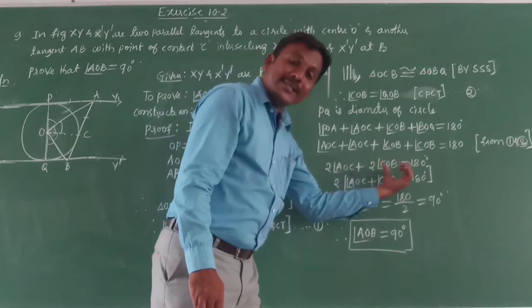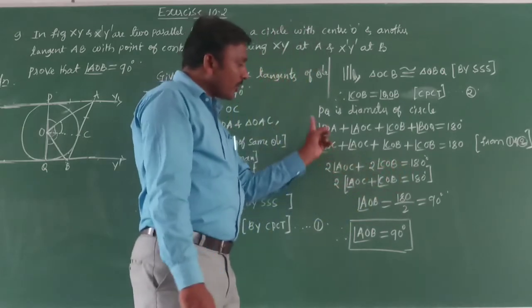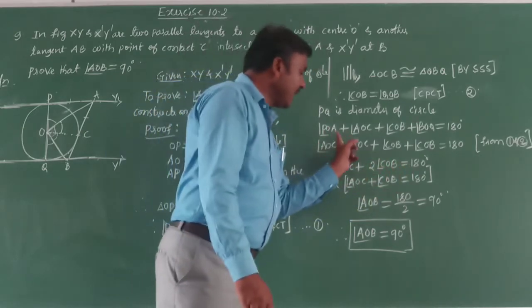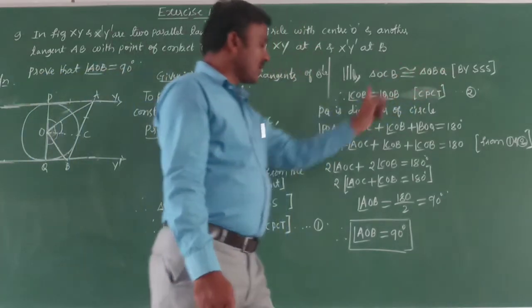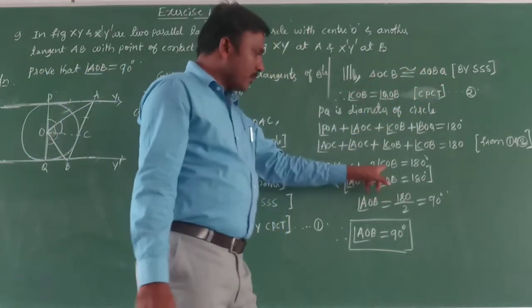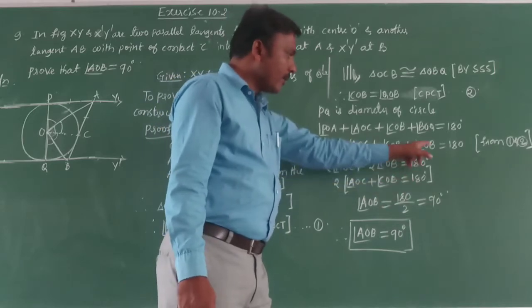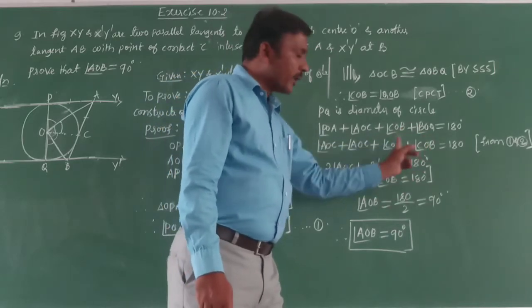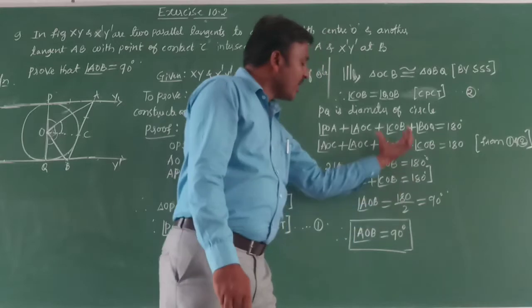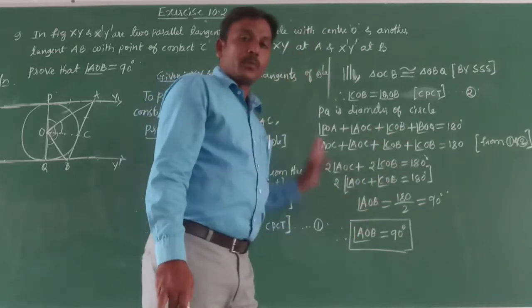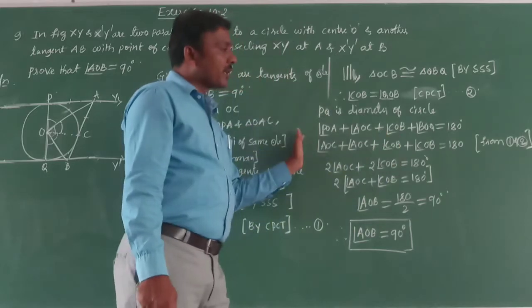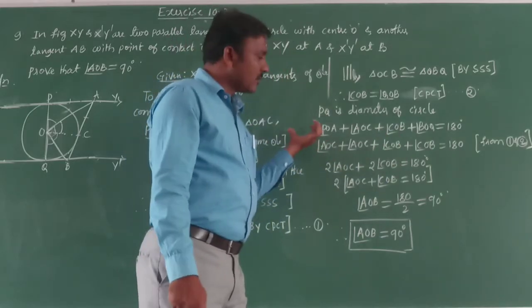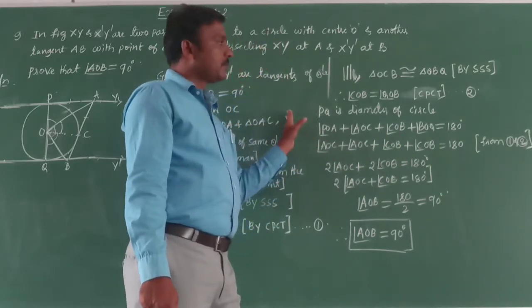Therefore you have to replace POA with AOC according to equation number 1, and according to equation number 2, in place of BOQ, you have to substitute COB. It gives us the proof. So it is a little bit of a logic question. Try to practice once again as these questions will arise in the exam.